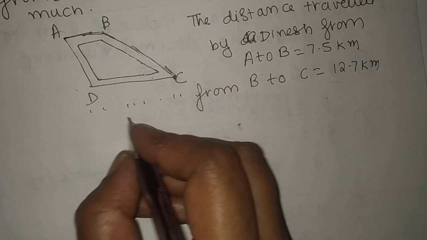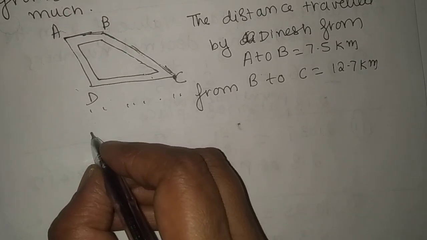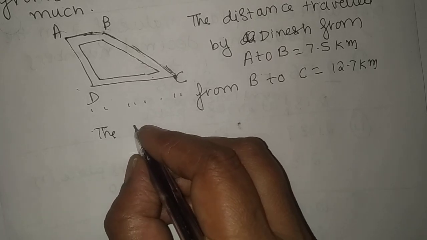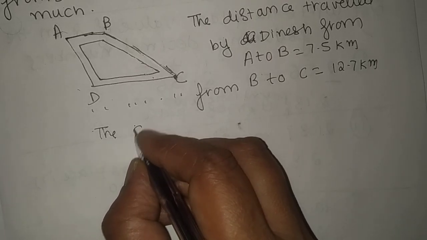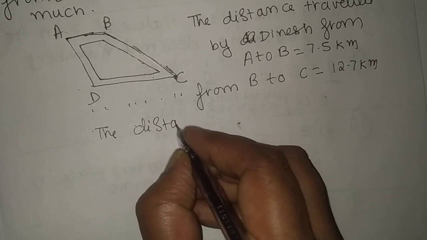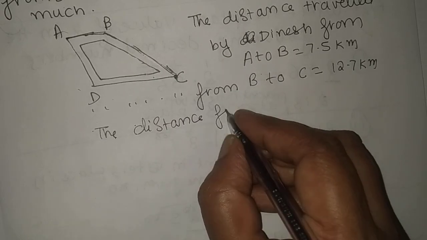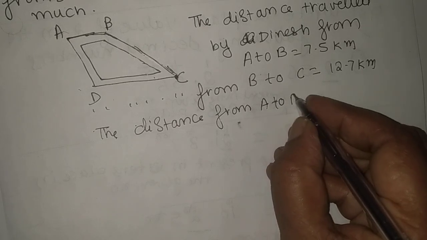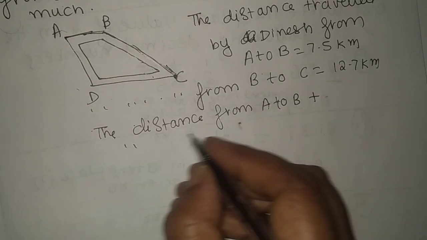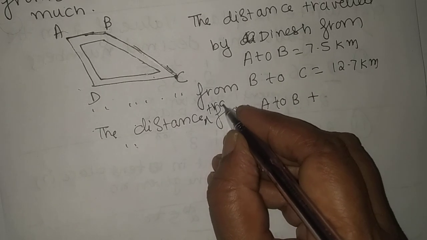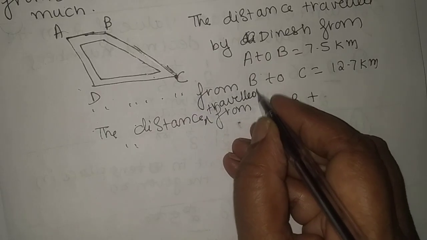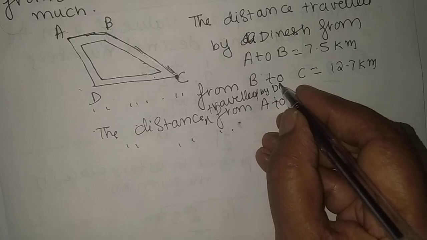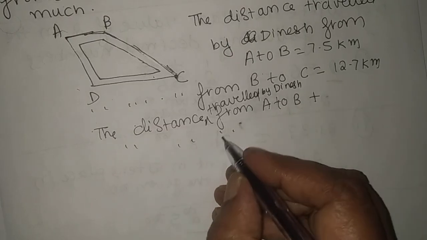Then add the distance from A to B plus the distance traveled by Dinesh from B to C. You can write Dinesh, since two persons are there.